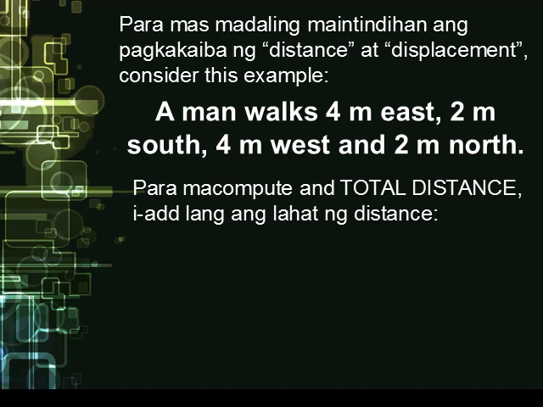So, sa example na to actually, meron tayong 4 distances, diba? So, meron tayong 4 meters east, 2 meters south, 4 meters west, and 2 meters north. Pero since na-describe natin na yung distance is only a scalar quantity, ibig sabihin, hindi natin kailangang isipin yung directions.